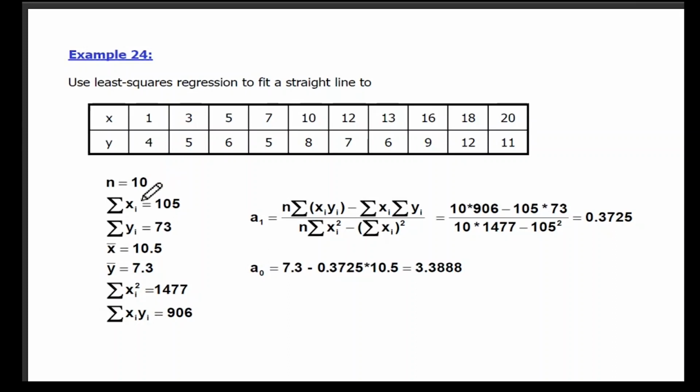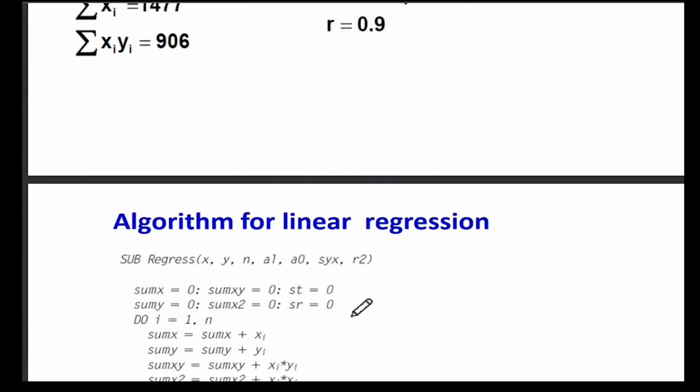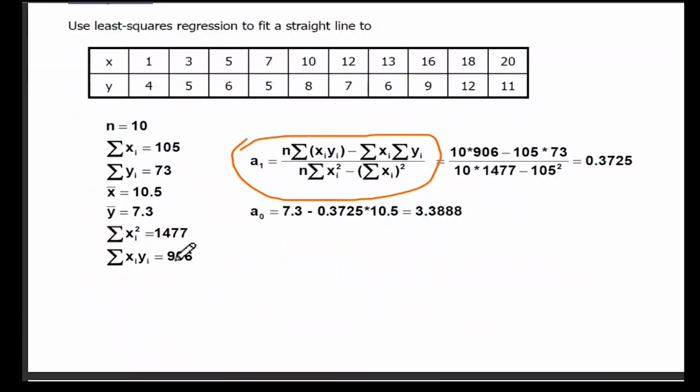So same here, if we are asked to use a least square regression with a straight line, so apa kita buat? So kita akan gunakan this equation A1 dan juga A0, iaitu A0 is equal to Y bar minus A1 X bar. So kat sini, kalau nak senang, kamu buat balik lah table ni.